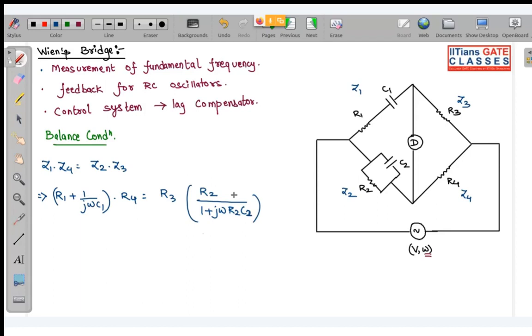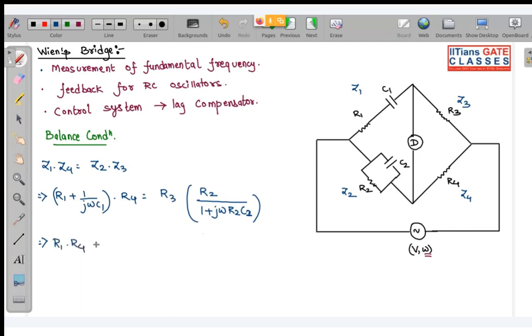So what we can do over here is, let me do cross multiplication. Okay, let us do cross multiplication. Cross multiplication will give R2 R3, this is okay. Let it be like this only.